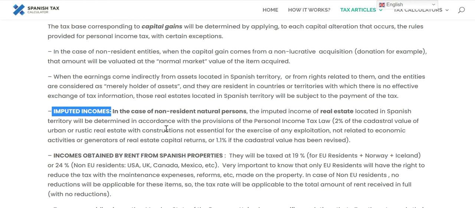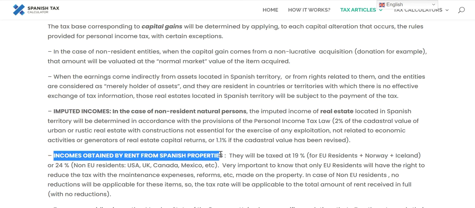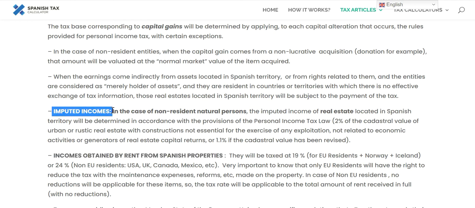But this income tax for non-residents is divided in two sections. Talking about incomes, there are incomes called imputed incomes and other incomes which are obtained by rent from Spanish properties. We will explain to you now the difficult concept of the imputed incomes.